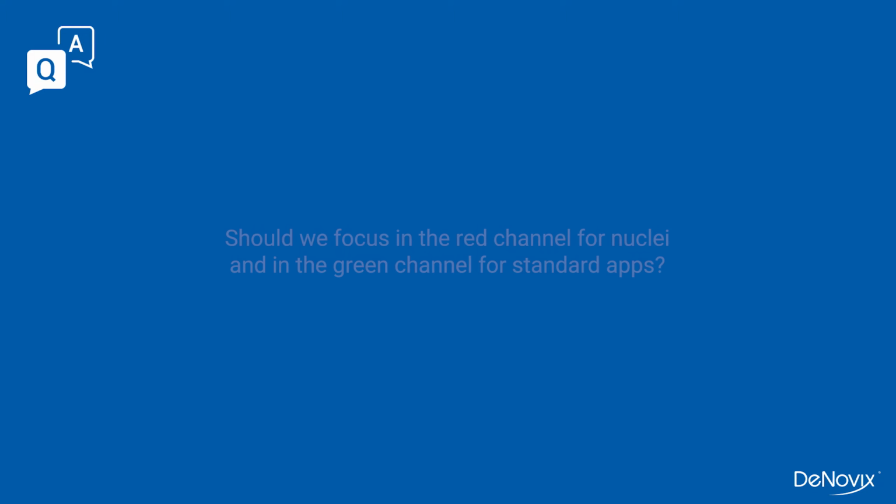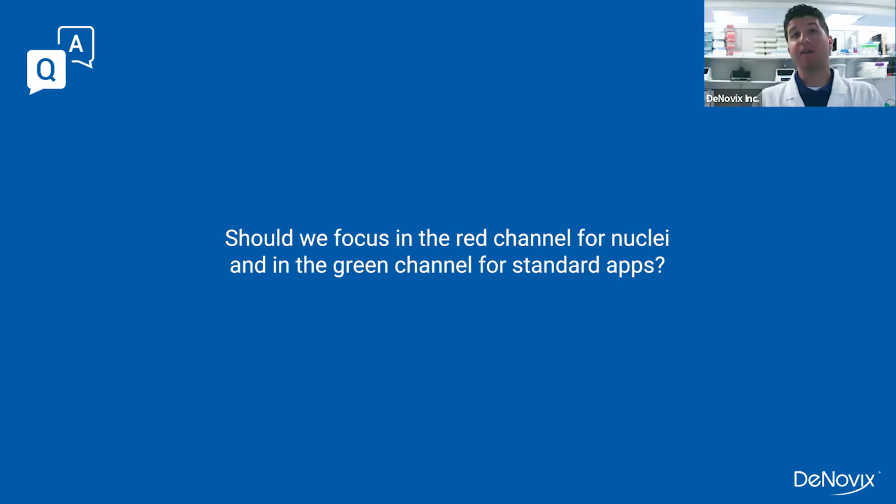And a question sort of related to that is, should we focus in the red channel for nuclei and focus in the green channel for standard apps? And can you explain why this is? Yes, that's correct. I kind of alluded to this earlier, but in the Nuclei app, when we were focusing in the red channel, we expect a majority of our sample to be in that red channel.